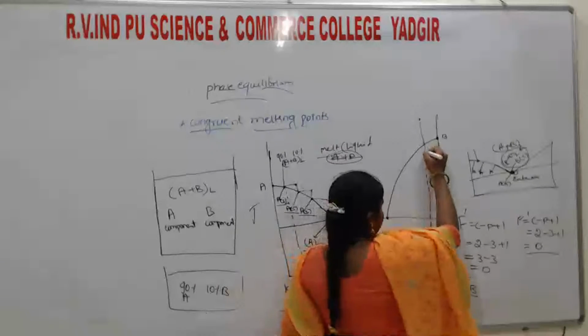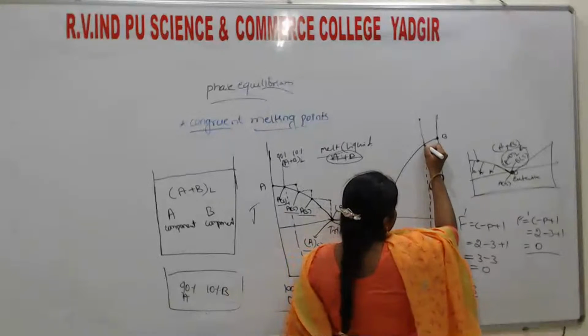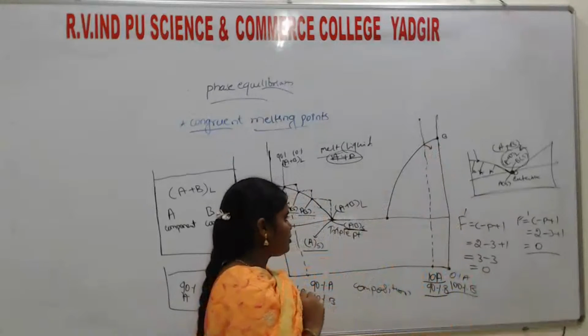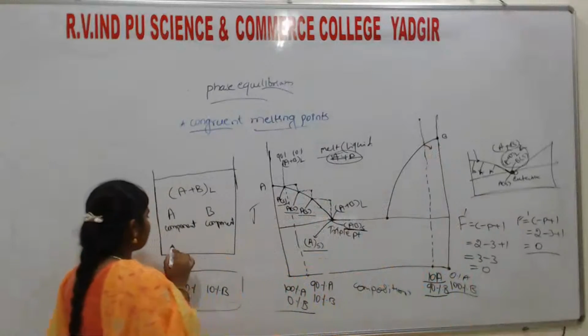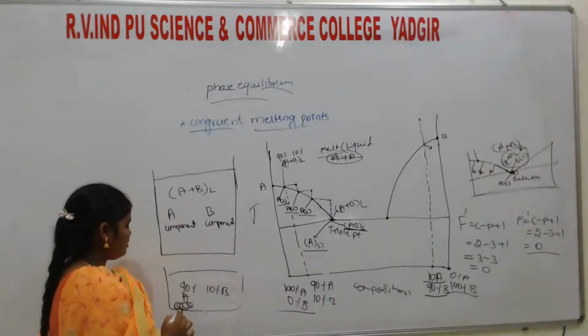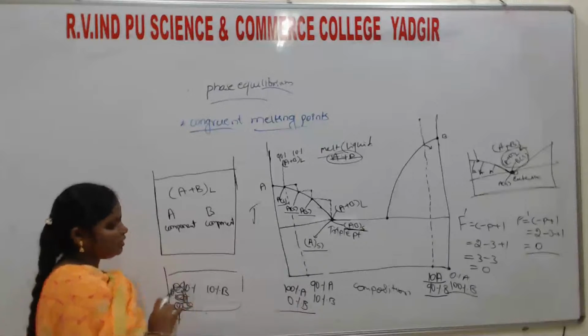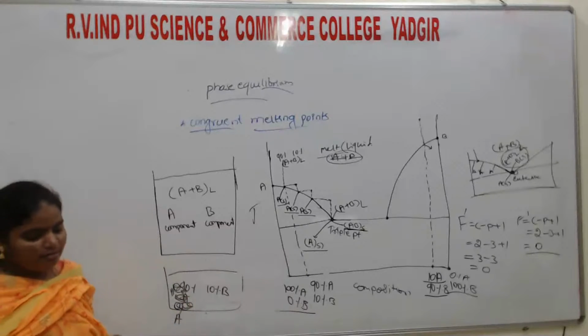Okay, 90% B, and when this is attained solid starts separating. Here A is solidifying. You write here also that first A is taken and second solidification takes place.